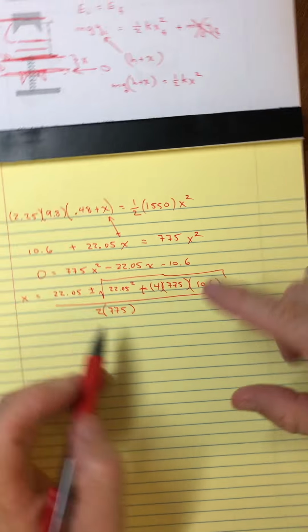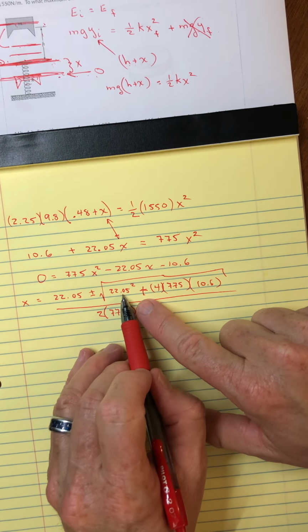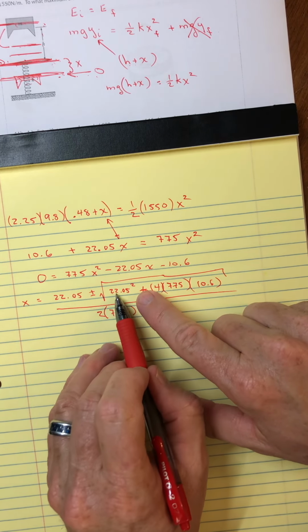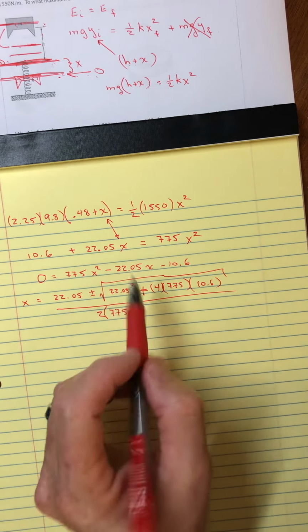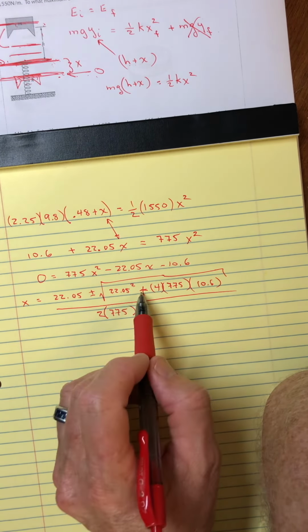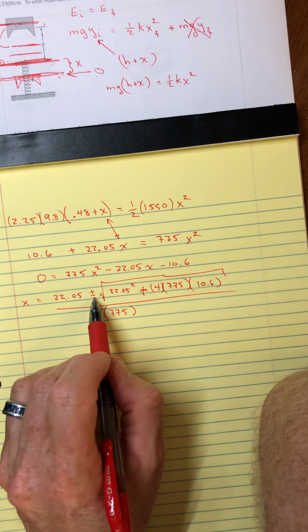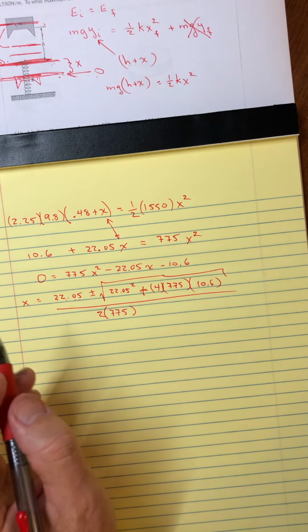Which, by the way, now looking at the math here, this number, 22.05 squared, without this would be just 22.05 by the time you squared it and then took the square root. So what I'm saying is all of this is actually bigger than 22.05. So if I use the negative sign, I would get a negative x, and if I use the positive, I get a positive x.